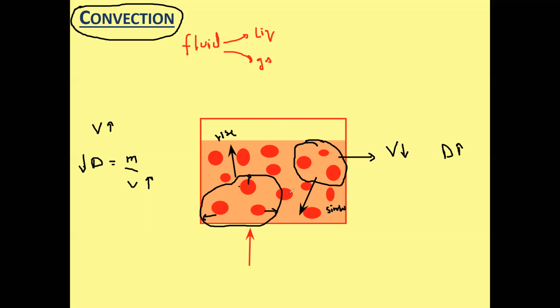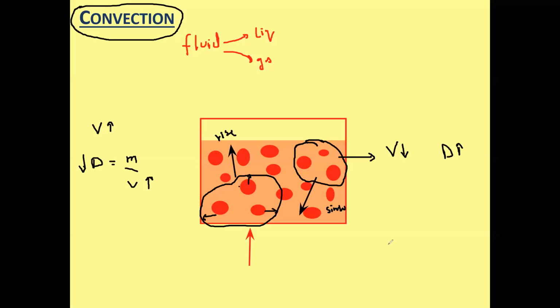Is it clear? This convection. The particles which are rising, are they hot or cold? How are they heated? We are supplying heat energy. We can have a burner here.